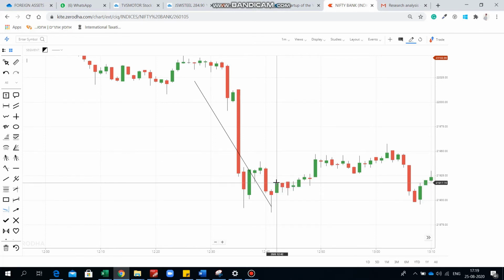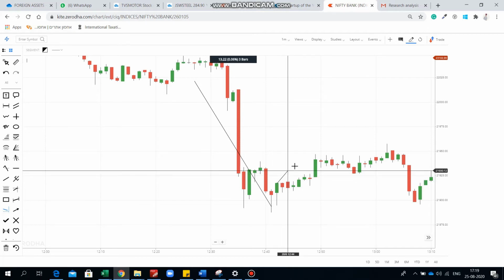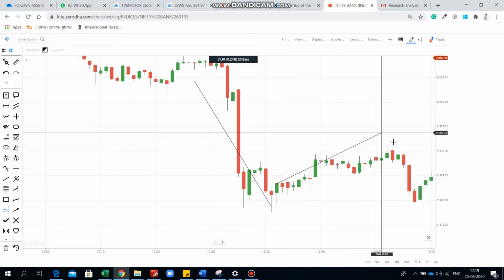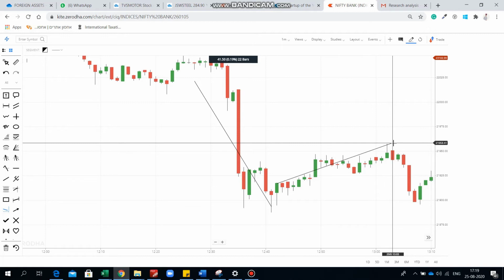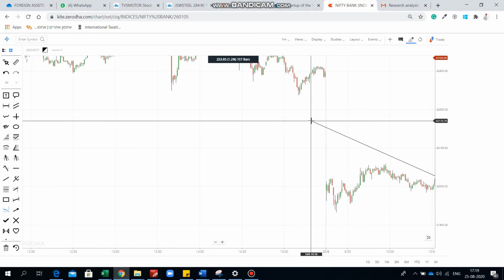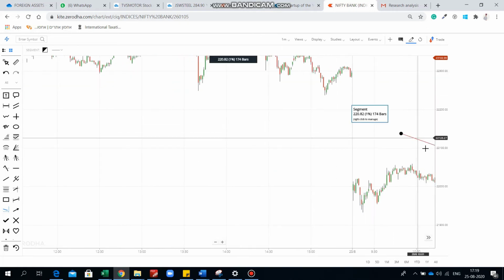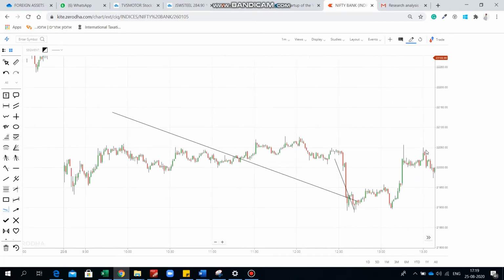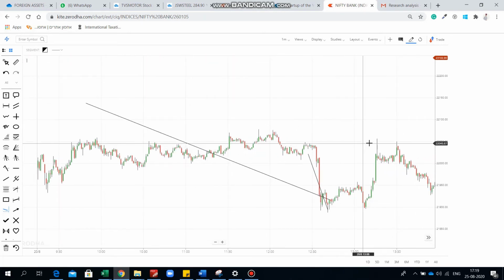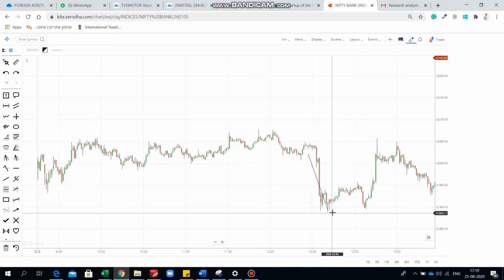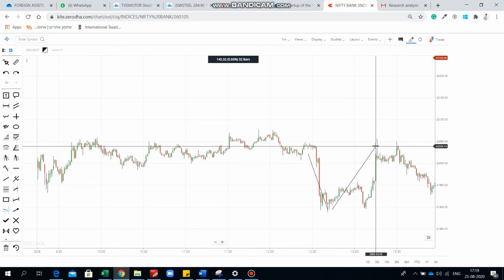That means you can enter right here and expect some profit, depending on your risk and reward. It is not necessary that every time the stock will cover this price till this price where it had started. It is not necessary at all, though again here it went till here.